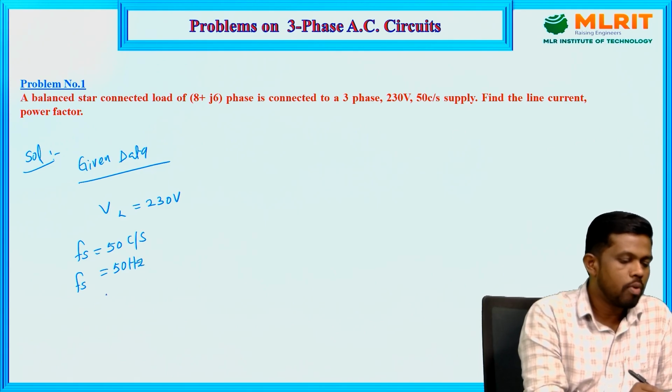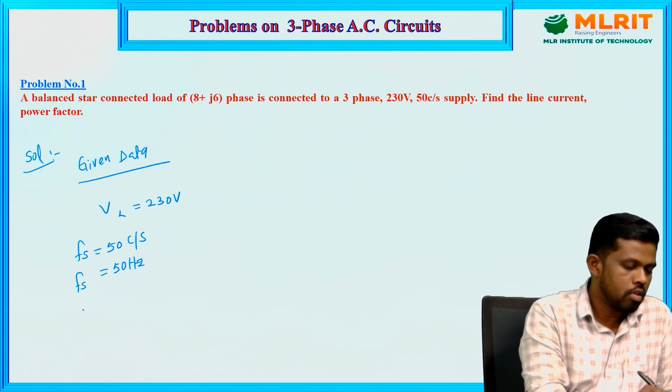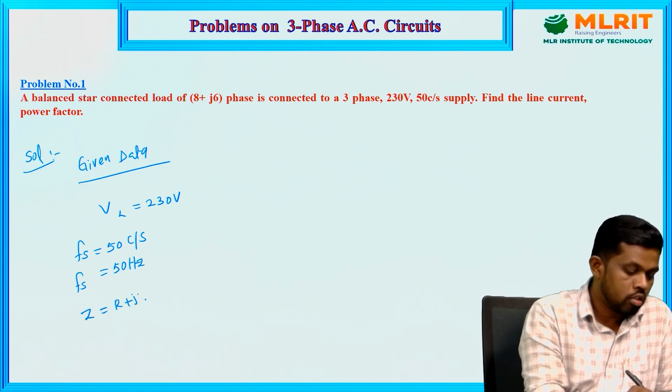Then the impedance of the network is given as 8 plus j6 ohms, Z equal to R plus jX.